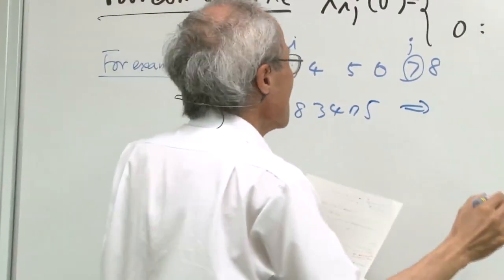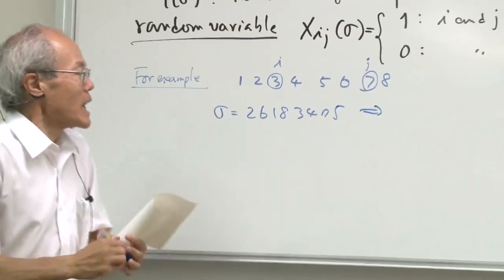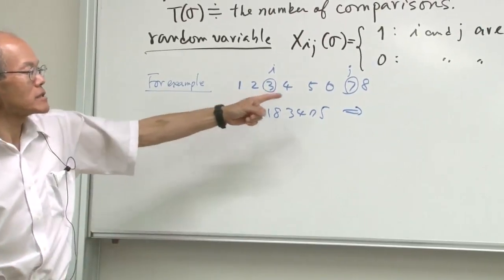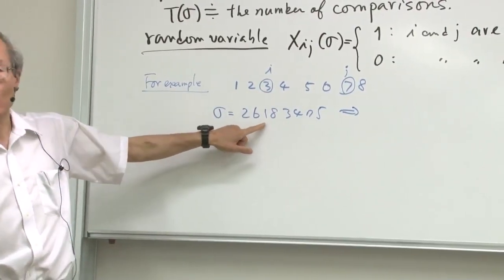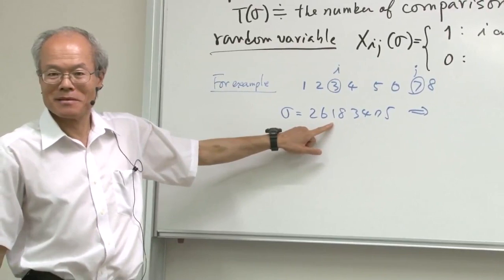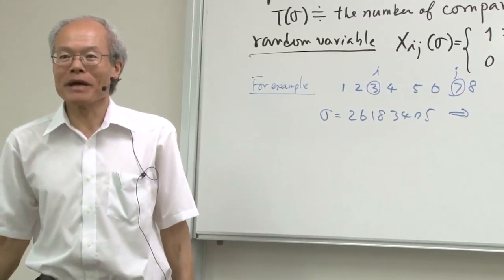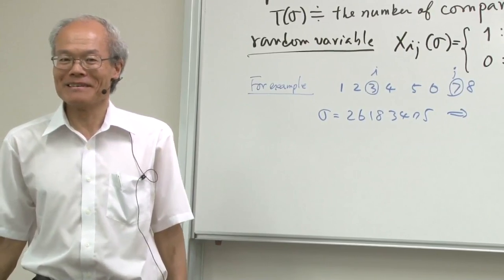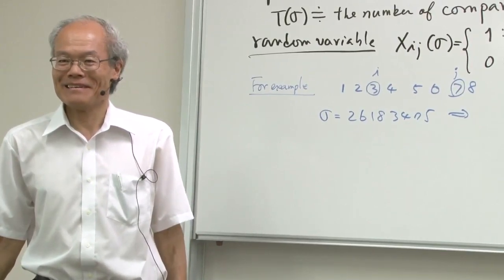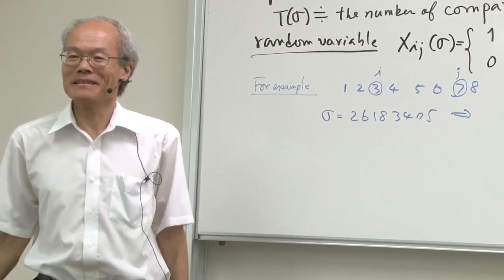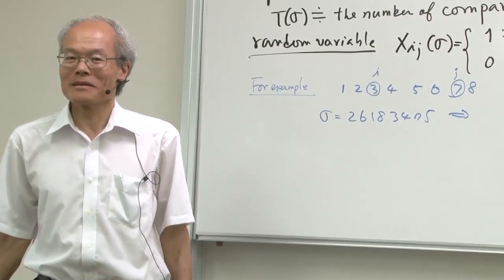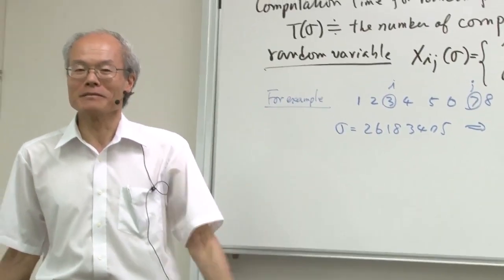Then, are i and j, 3 and 7, compared or not? Answer: yes or no? Compared or not compared?